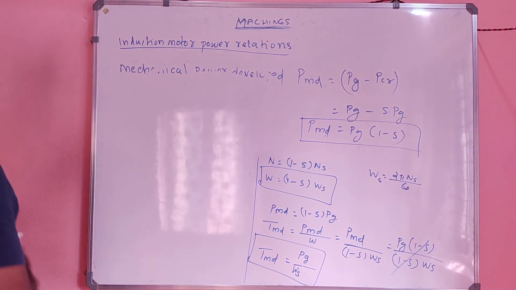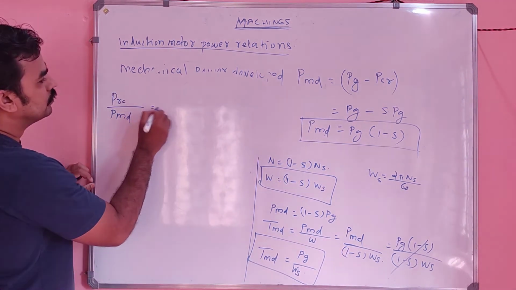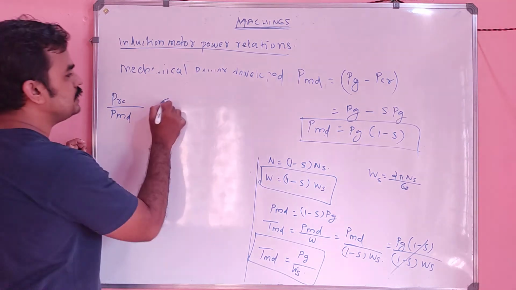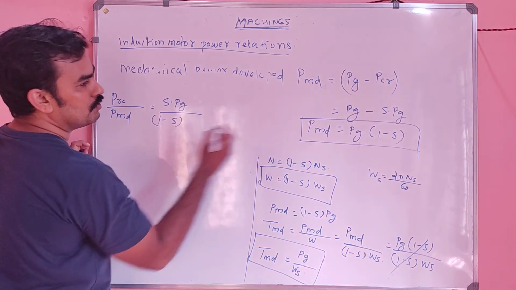Then what is the relationship between PRC and PMD? PRC in terms of PG is s into PG, and PMD is (1 minus s) into PG.